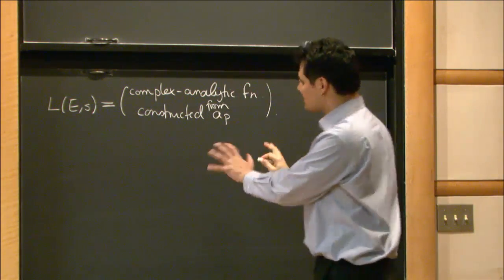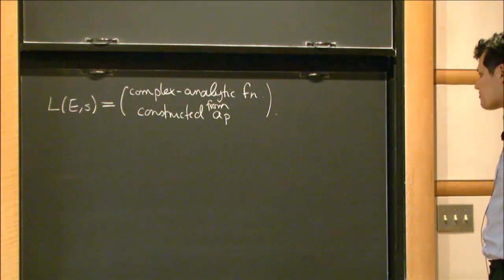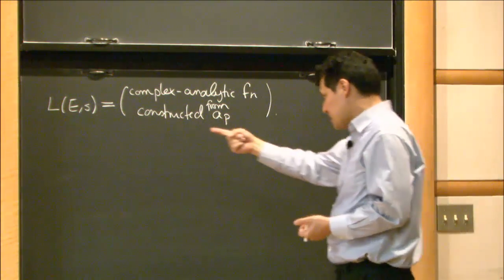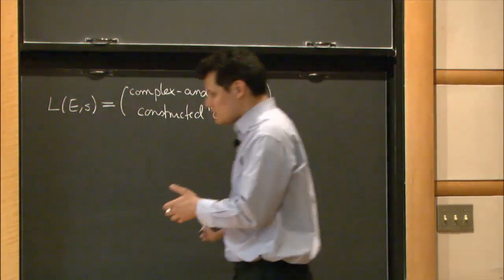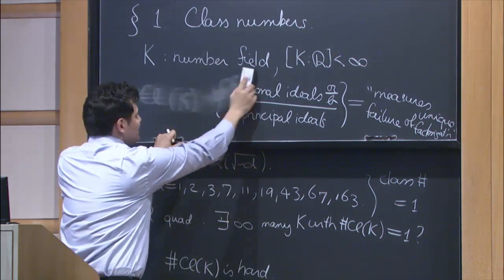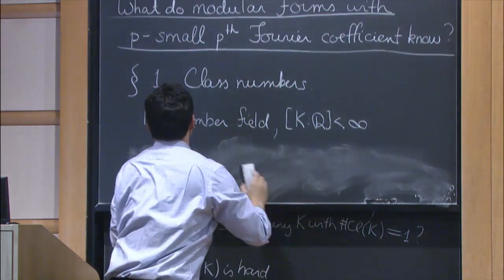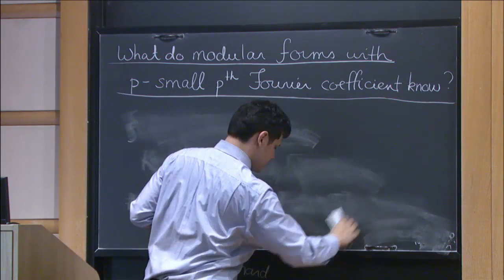So you take these a_p's, you put them together in a certain way. Well, this function, the L function of the elliptic curve, is conjectured to encode the rank that I mentioned over there. And this conjecture is the Birch-Swinnerton-Dyer conjecture.